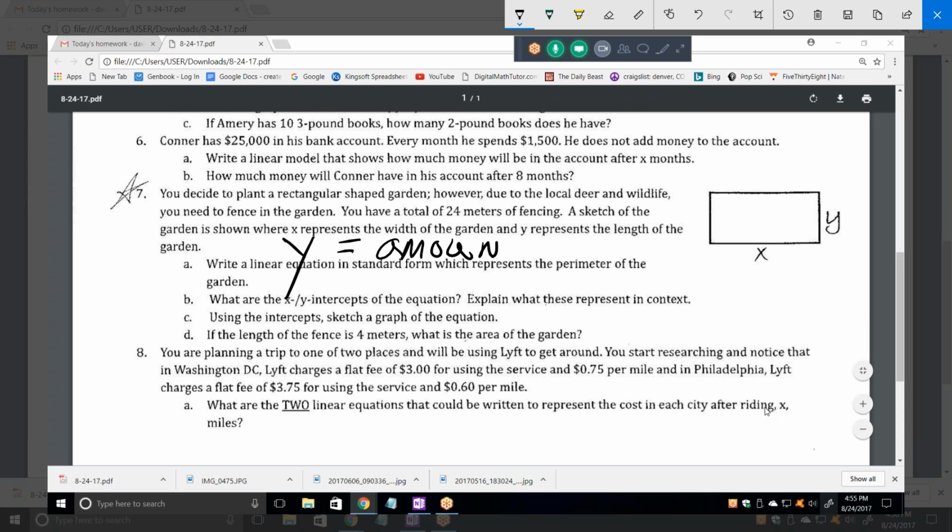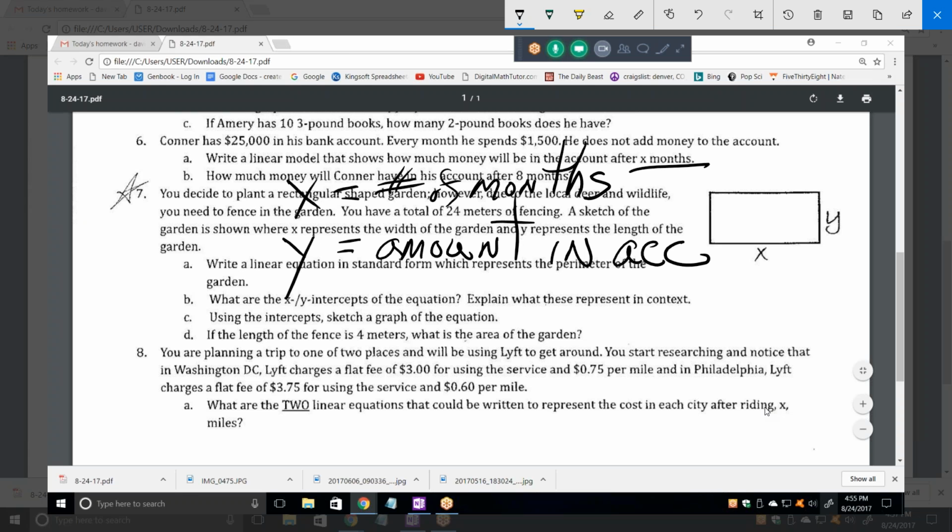I can't tell you how important it is to spell out what your variables mean. Very, very important. What's X? Look at the last line. How much money will be in the account after X months? So what is X? The number of months that pass.